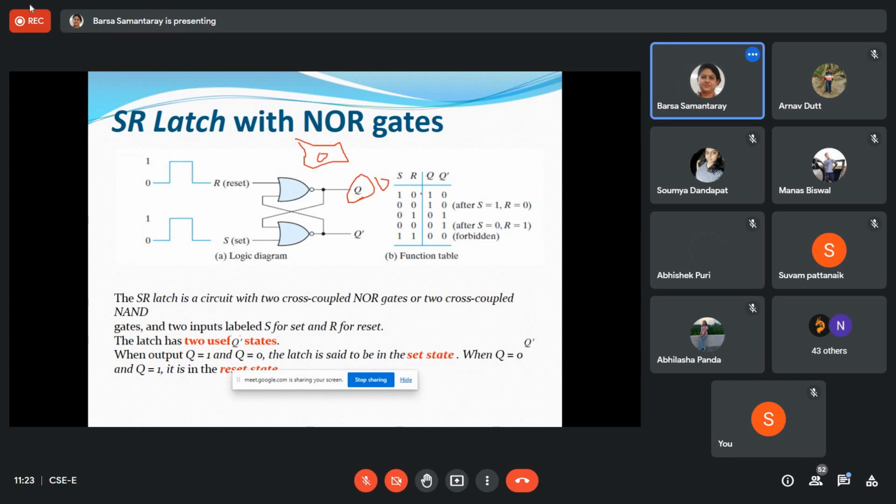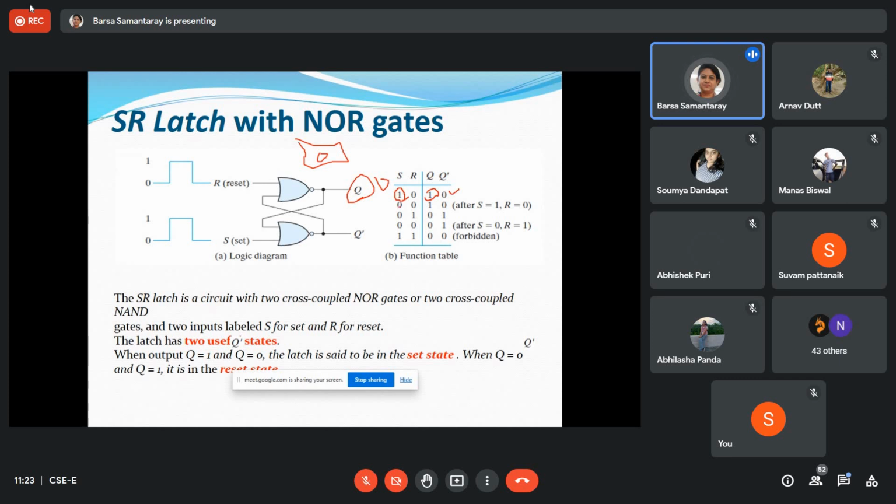Once again I am repeating, I have explained this one. If S is equal to 1, you can check that Q should be 1, and so Q dash is 0.